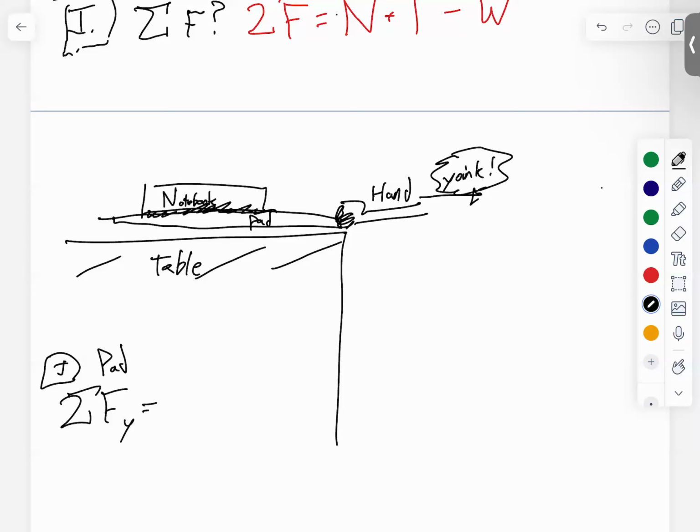Now, I will admit to you that if that notebook weighs 10 newtons, then the normal force of the notebook on the pad will be 10 newtons. But it's not a weight interaction. It's a touch interaction. It's a solid-solid interaction. What kind of interaction is solid-solid? Don't say weight.